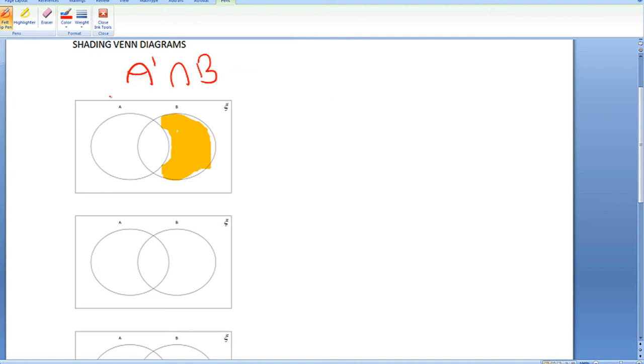Okay, the last one we'll do is not A intersect not B. This one's a little bit tougher to think about, and this is why sometimes you'll need to step it through and shade a couple of different Venn diagrams, just to make sure you've got it clear in your head what not A intersect not B is.